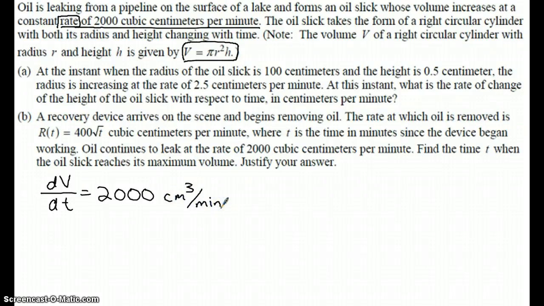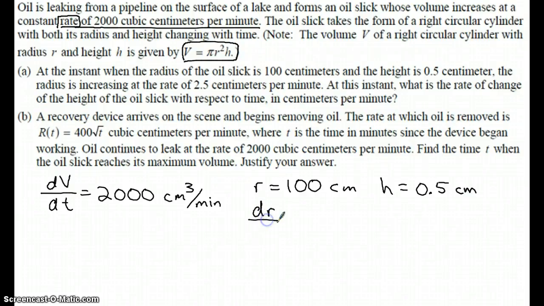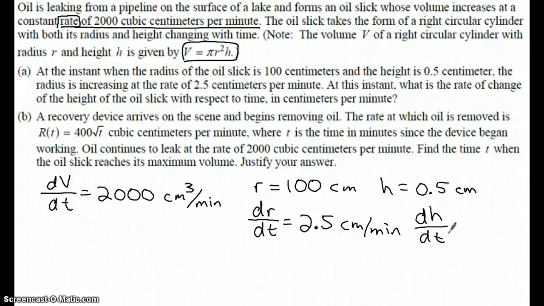And we know that r is 100, h is 0.5, and dr/dt, the rate of the radius with respect to time, is 2.5 centimeters per minute. So we don't know this one, dh/dt, and we will go ahead and find that.